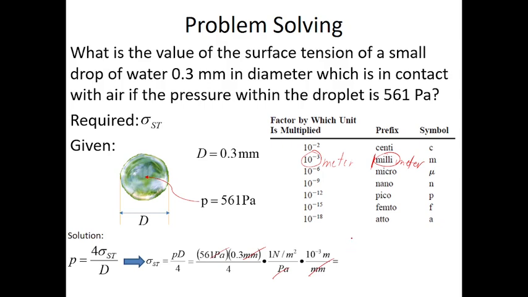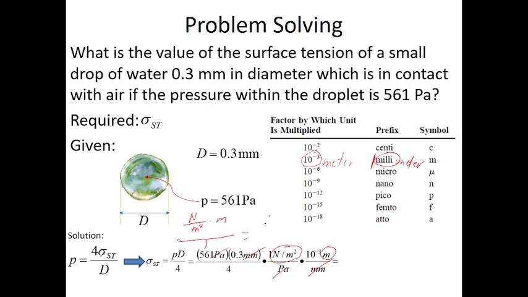And what unit is left? We will multiply. So we have Newton per square meter multiplied by meter. Then we divide it by, so nothing, no unit left. So that will be 1.